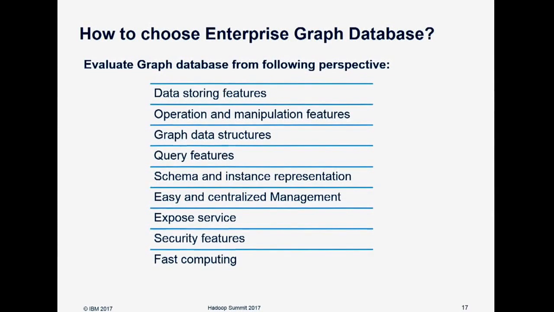For example, can you have multiple properties on the edges of the vertices or labels? So these are the criteria that you want to use to choose something that fits your enterprise graph needs.